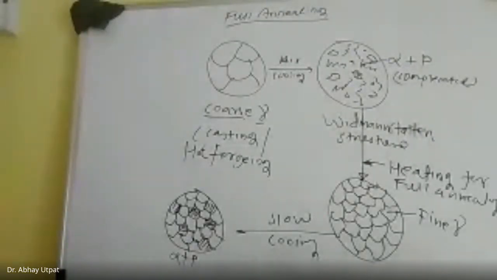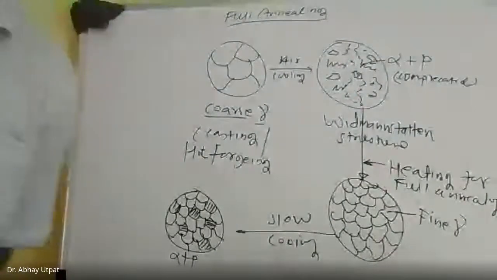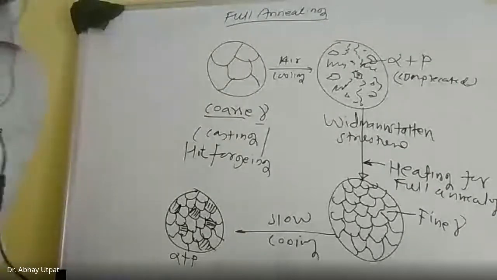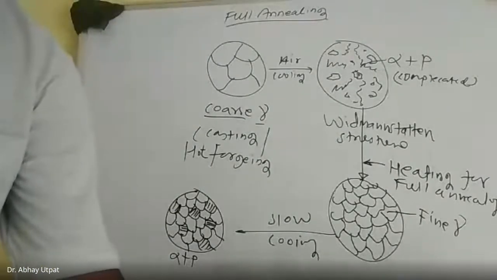I repeat, hardened and normalized steels can be made soft as per the requirement by full annealing. Over, somebody reply. Over, sir.